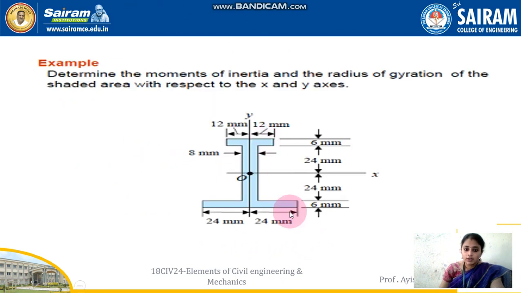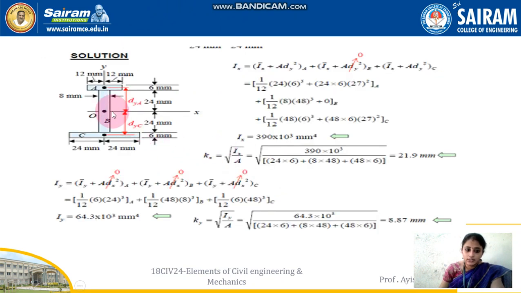Okay, they have given an I section and they are asking us to find the moment of inertia for this. The first two steps are finding x bar and y bar, as in the centroid portion. Then Ixx and Iyy. Ixx for the three components they have done separately: first component, second component, third component.